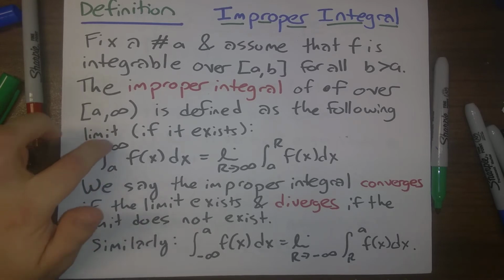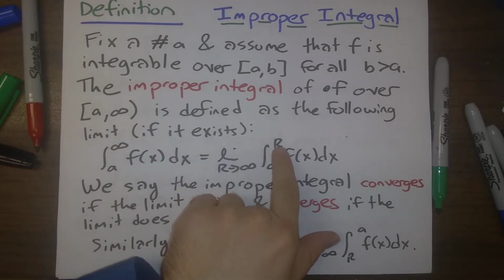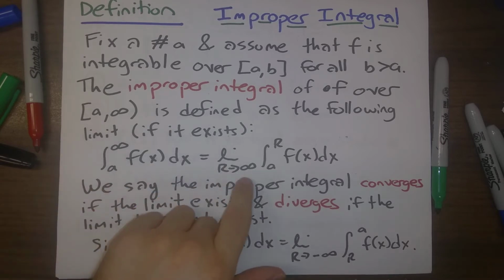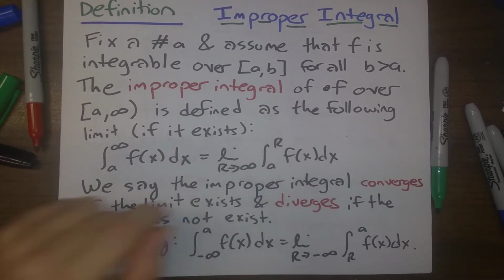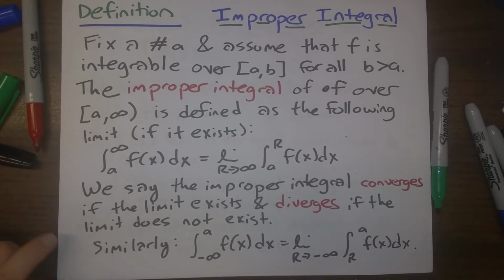So the integral from a to infinity of f of x dx is, we replace the infinity with an r, or some other letter. Nothing special about using a capital R there. And so we integrate from a to r of f of x dx, and then we take the limit of that as r goes to infinity. And so there's a limit here. We know limits sometimes converge, sometimes diverge.